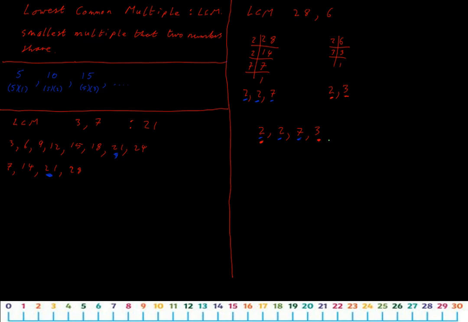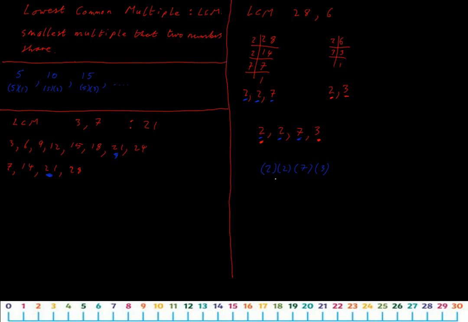So I can see that when I multiply all of these 4 numbers together, I'm going to get a number that contains all of the prime factors of both of my original numbers. So I'm going to have 2 by 2 by 7 by 3. Lots of multiplying to do.